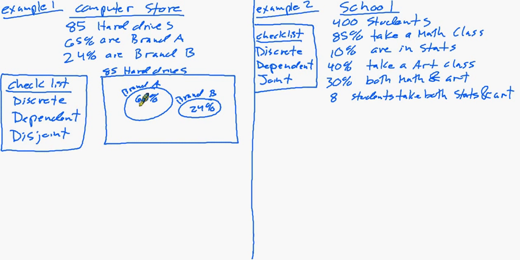Now, if you add up 65 and 24, that would be 89. That's not 100%. So there must be a number of hard drives that are neither. So we could figure out the probability of neither.